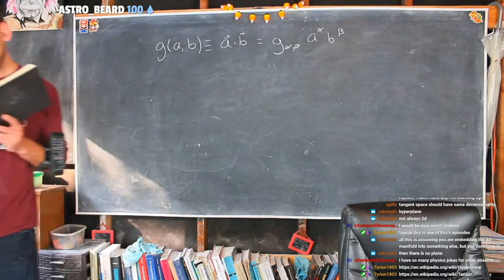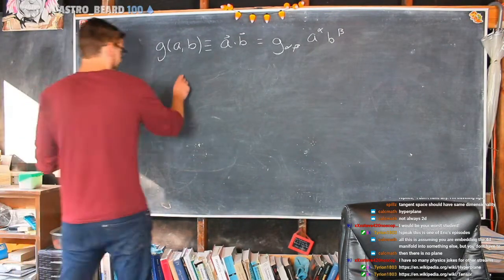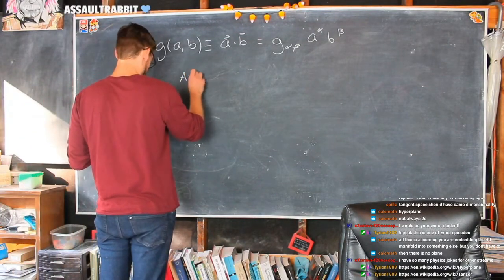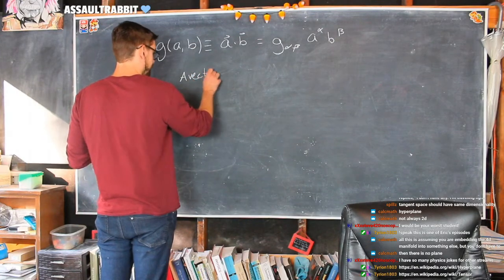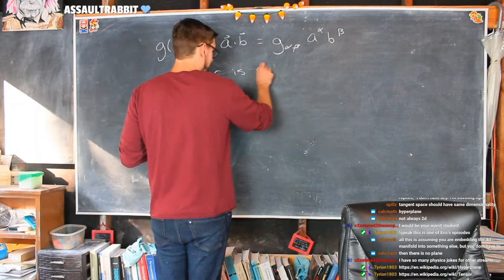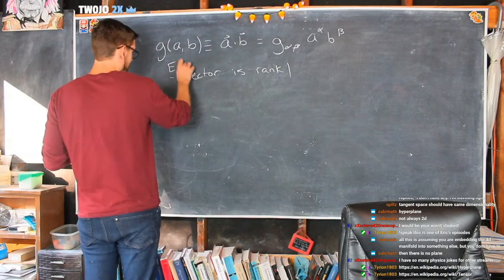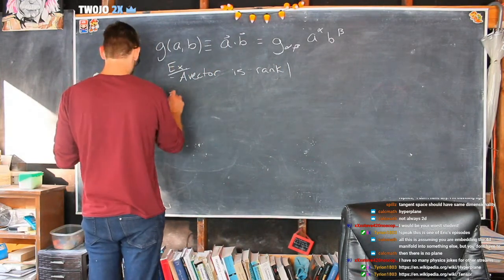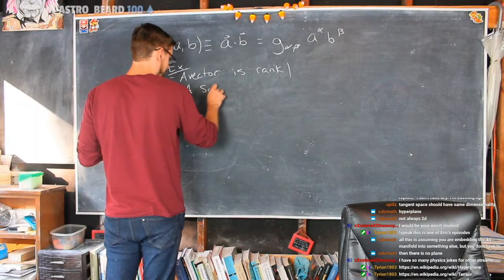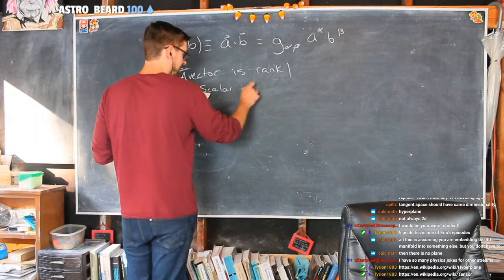Okay? So we know that a vector is rank 1. These are just examples. This is a little bit example heavy today, I think, which is good. A scalar is rank 0.